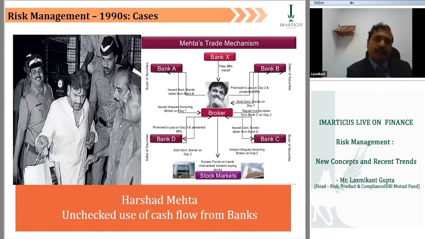The stock market ran up like anything and then collapsed. It created a lot of payment problems. Many brokers also went bankrupt, and that was the time when the stock market in India was closed for months, in December, January 92.